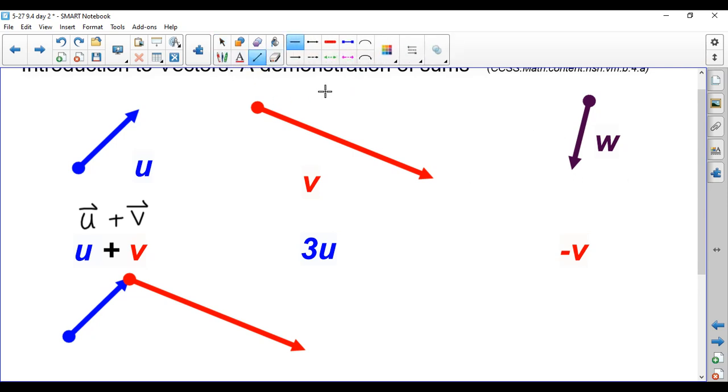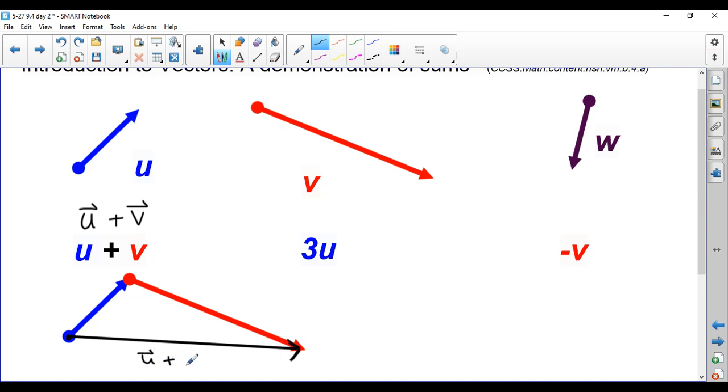My resultant is the vector that starts at the initial point of the first vector and ends at the terminal point of the second one. And again, it's not a vector until I put an arrow there. So I'm starting here and ending there, so I need the arrowhead to go this way. You need to make sure that when you do these problems, you label your resultant vector, the sum, and that you show an arrowhead to show which direction it goes in.